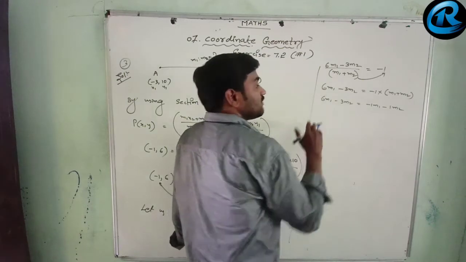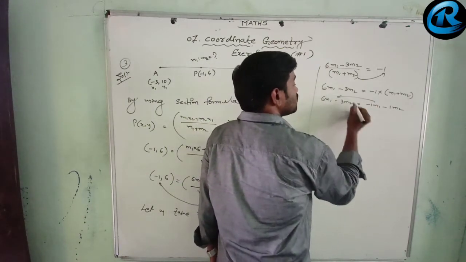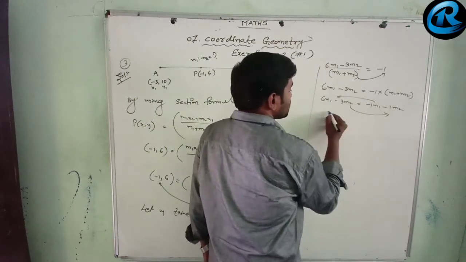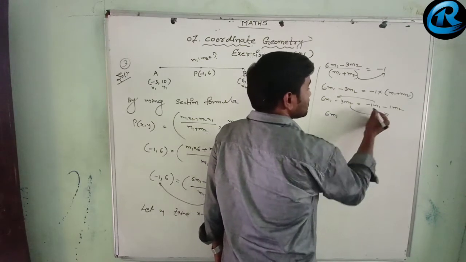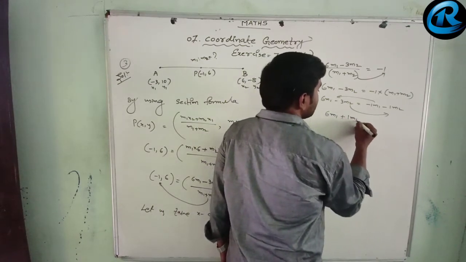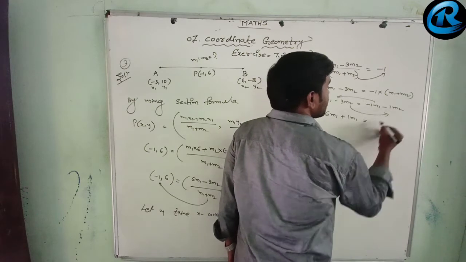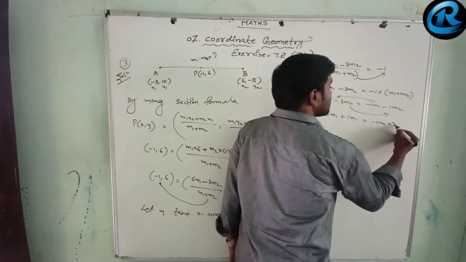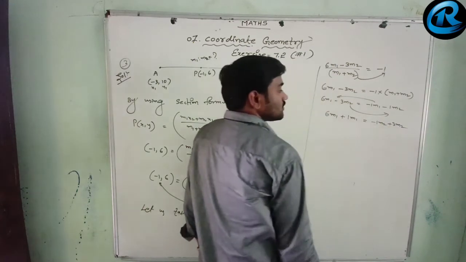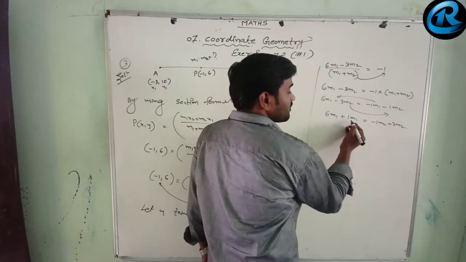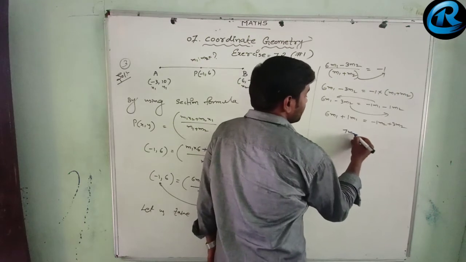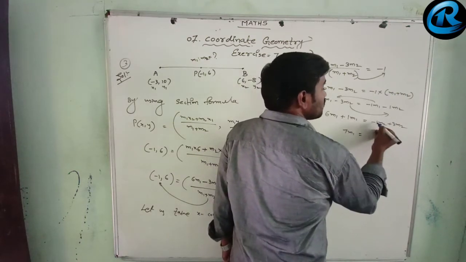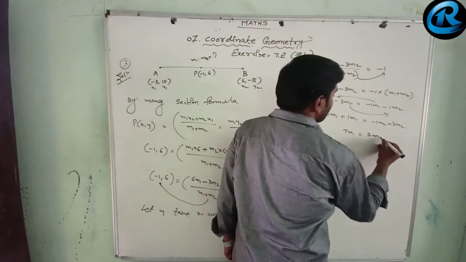So we'll bring m1 terms this side and m2 terms will transfer the other side. So here already 6m1 is there, this minus m1 becomes plus 1m1, and already here minus 1m2 is there, this minus 3m2 becomes plus 3m2. So what happens? 6m1 plus 1m1 is 7m1, that is equal to 3m2 minus 1m2, that is 2m2.